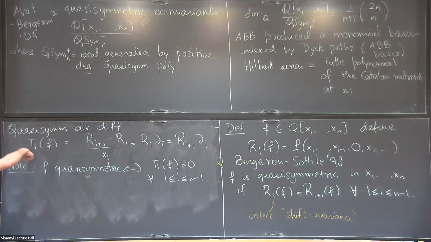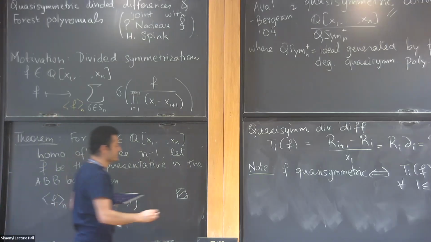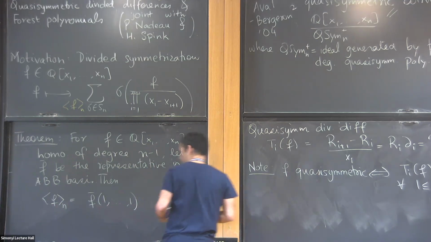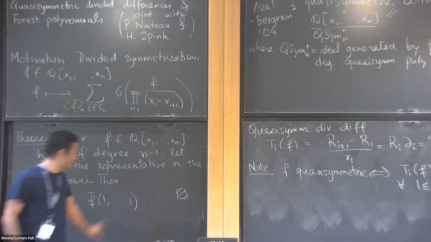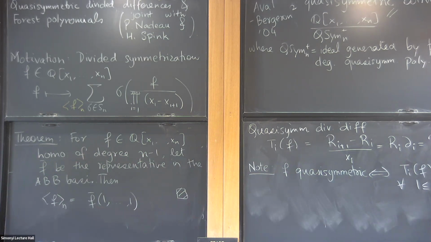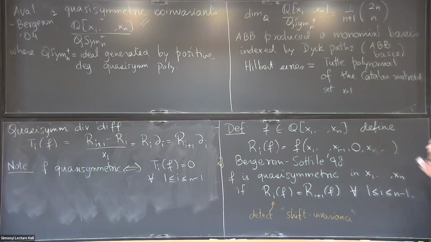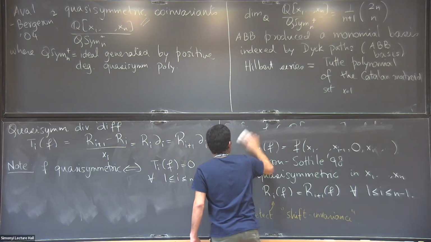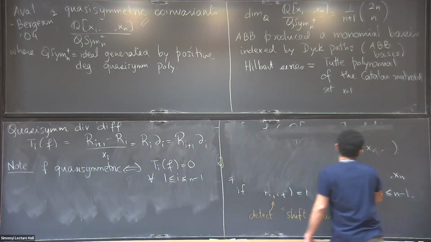Okay, so how do you use these operators to compute this procedure? So this is a theorem of Hunter. So this was Philippe and I. And then Hunter told us that the way to do things is to use operators and polynomials. So here's the theorem.